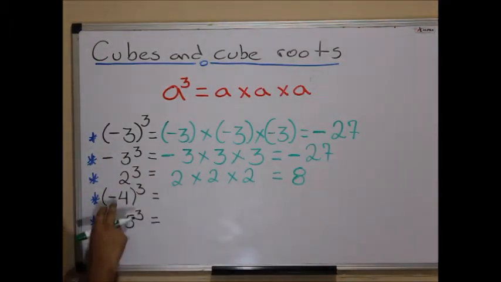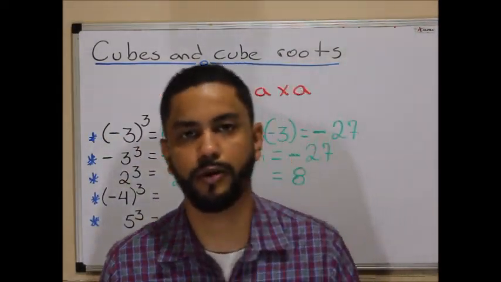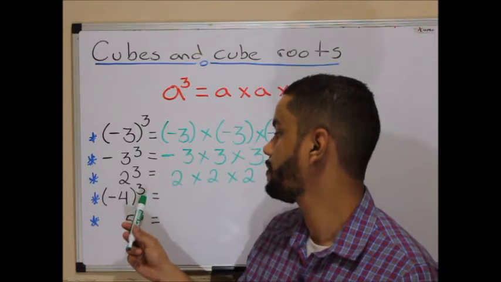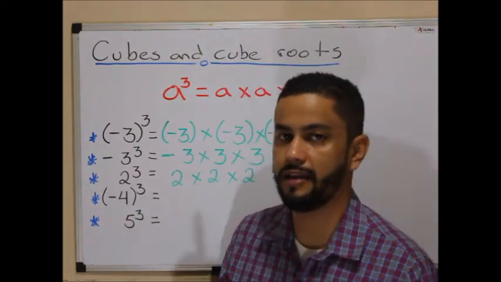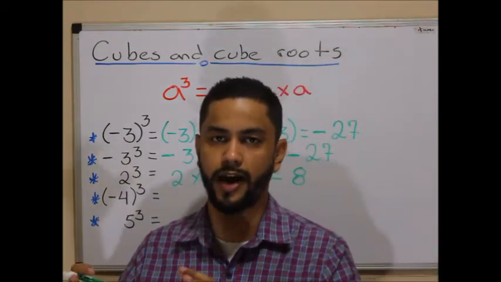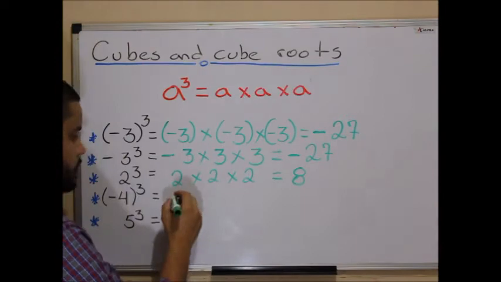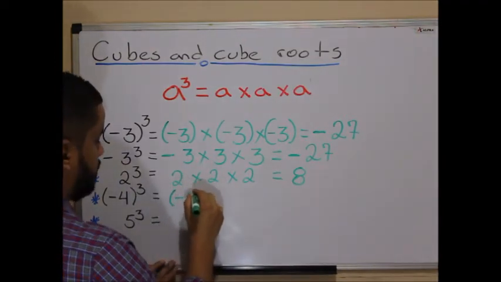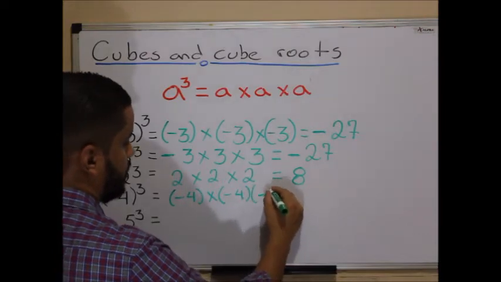Again, we have a negative inside the parentheses. So we're going to read that as the cube of -4. And we're going to write that -4 three times. So we're going to have -4 times -4 times -4.